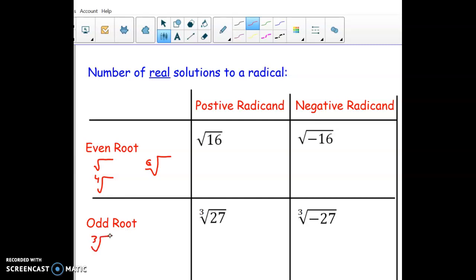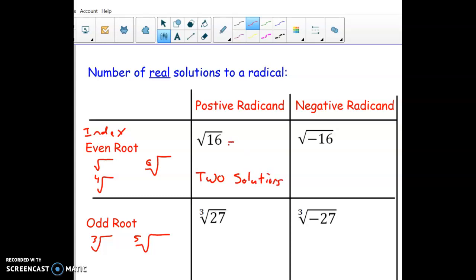An odd root would be a third root or a fifth root. The other factor is whether the number underneath the check mark, the radicand, is positive or negative. If it is even and positive, you have two solutions.